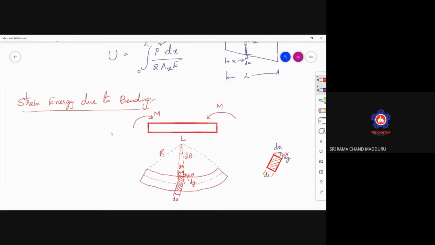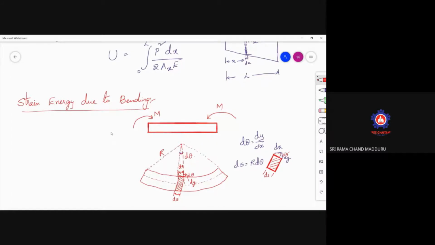So I can write d theta as nothing but dy by dx, opposite side by adjacent side. Whereas coming to here, r is the radius and the angle made by this one is d theta. So the arc length ds is nothing but r into d theta. What we did: we considered a beam of length L, subjected to bending at the ends.